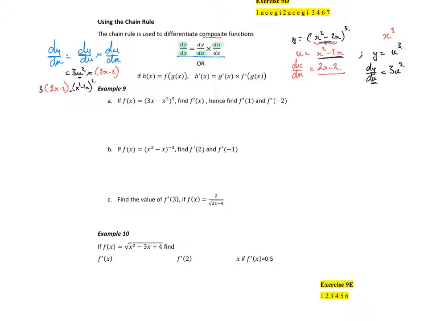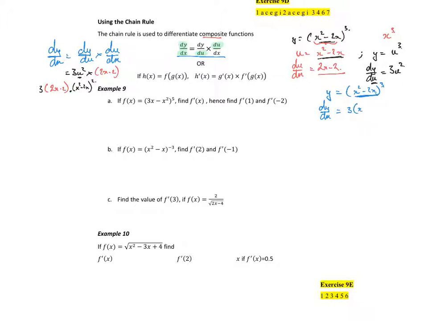Now the shortcut approach is this: given y is equal to x squared minus 2x to the power of 3, dy dx is equal to, pretend that this is just an x term, so differentiate the whole term. The 3 comes out the front.